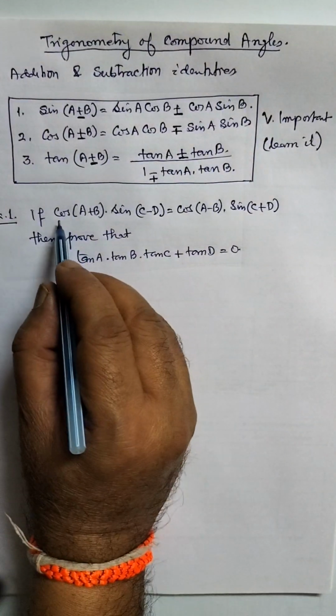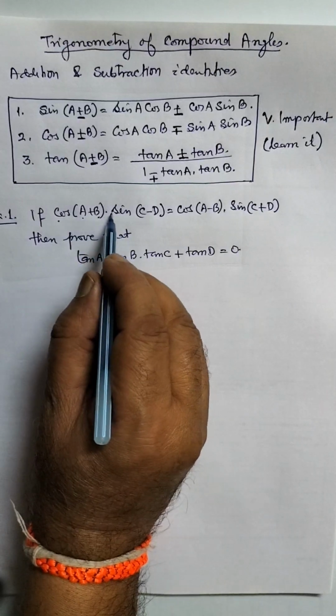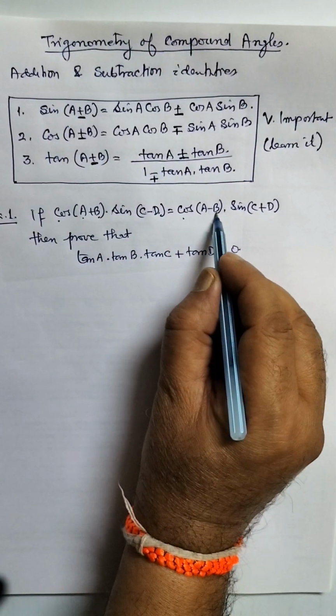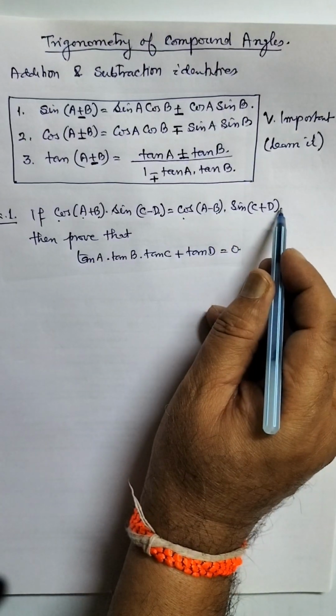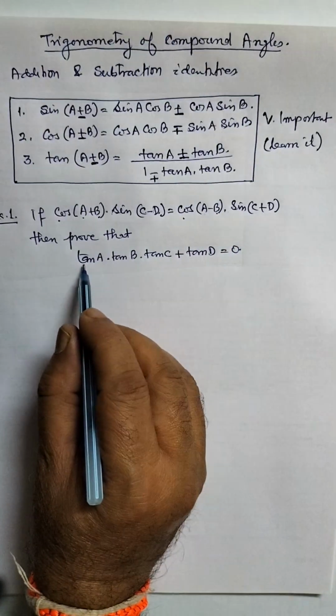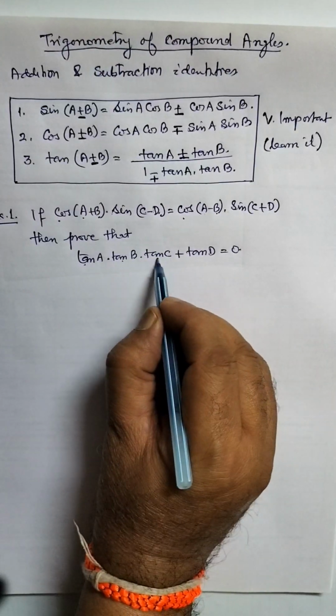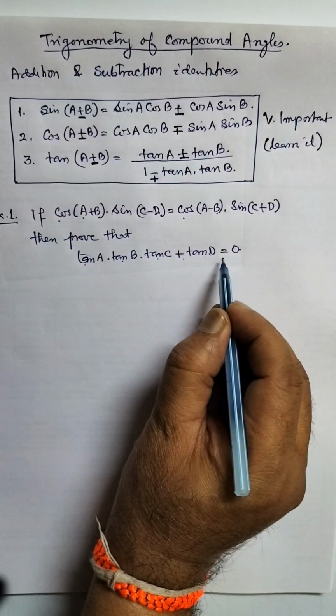So this is given: cos of A plus B times sine of C minus D equals cos of A minus B times sine of C plus D. We have to prove that tan A times tan B times tan C plus tan D is equal to 0.